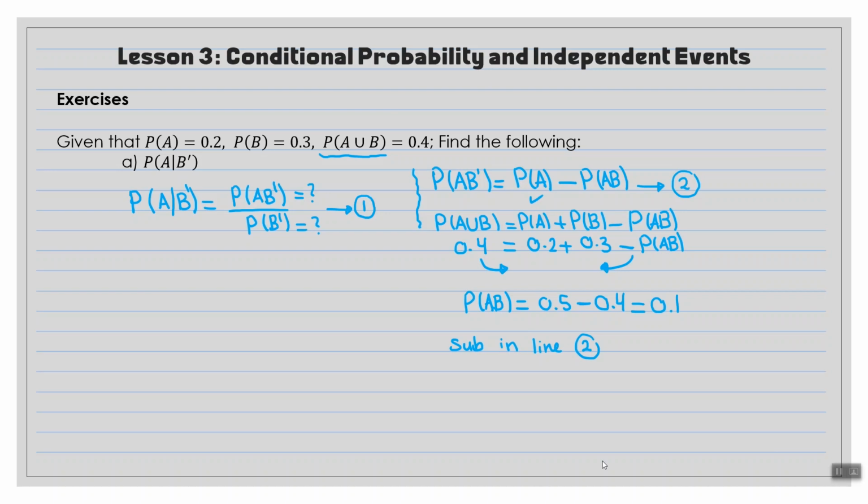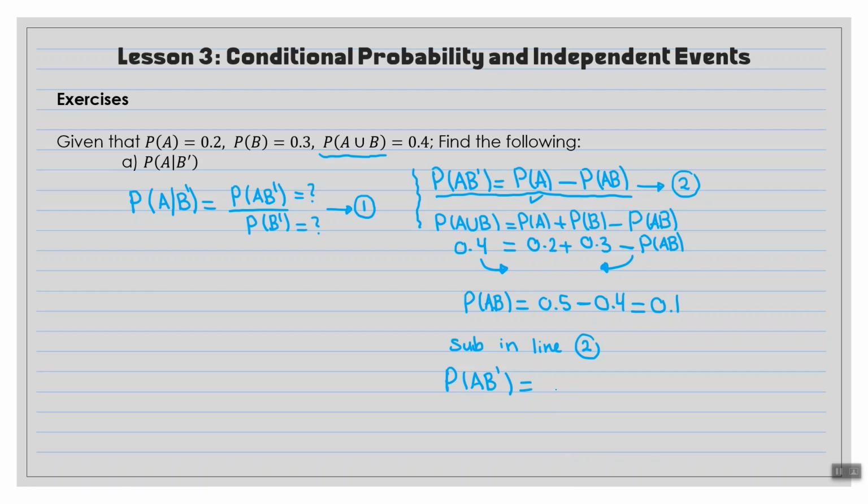When we substitute this in line 2, we will notice the following: the probability of A B dash, this is line number 2, is equal to the probability of A, which is 0.2, right?